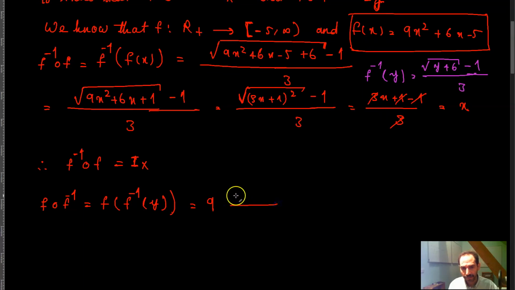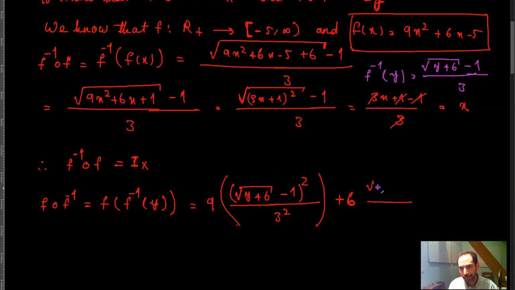So you have (the square root of y plus 6 minus 1) whole squared divided by 3 squared, and then plus 6x, which becomes 6 times this function, the square root of y plus 6 minus 1 divided by 3, minus 5.